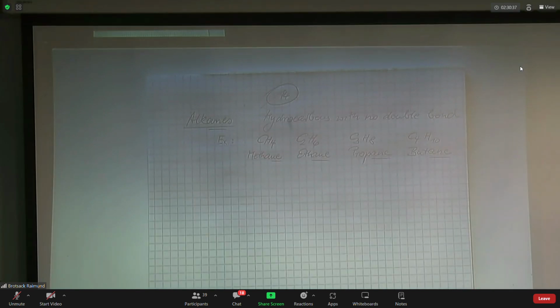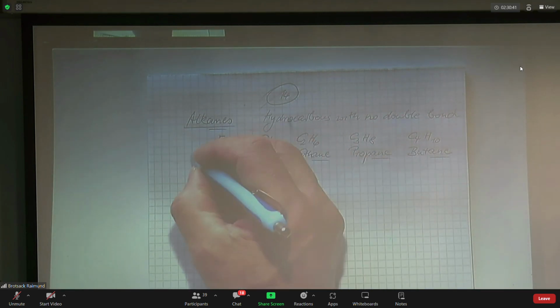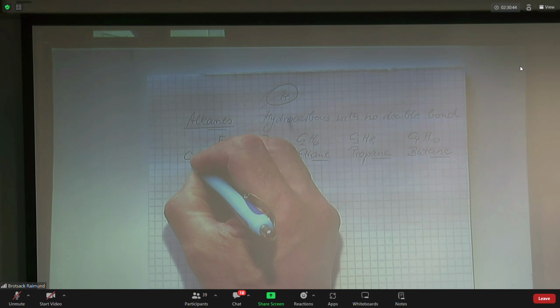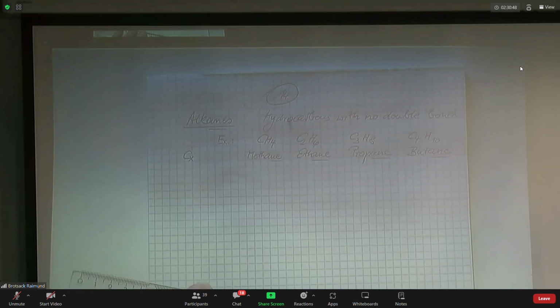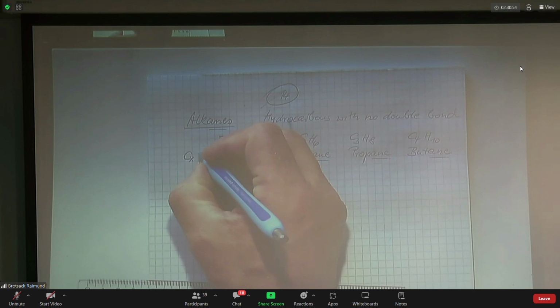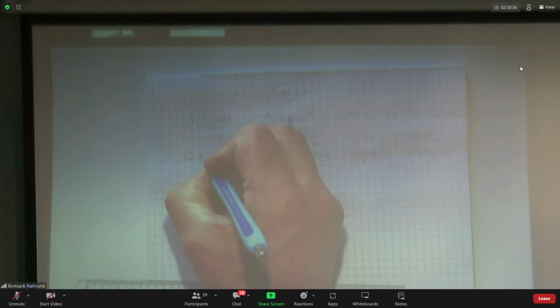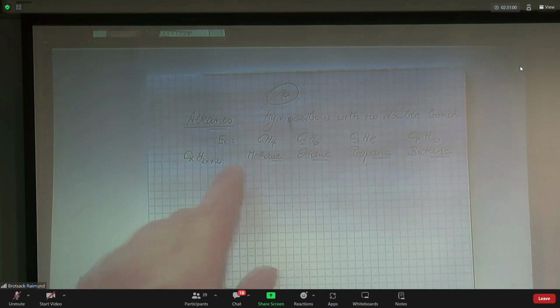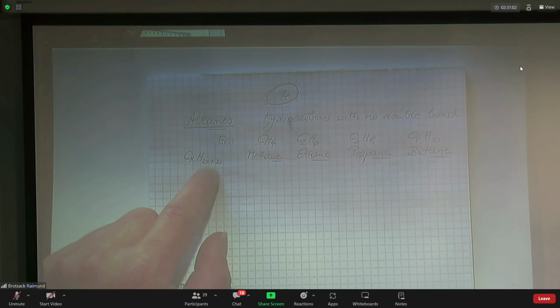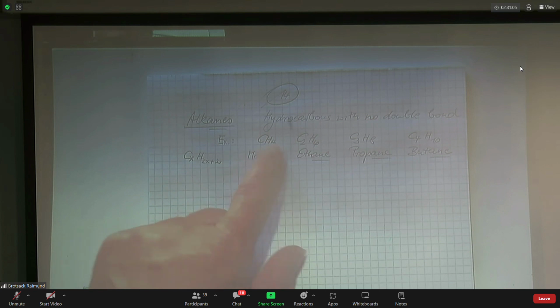The general formula is CxH, where x is the number of carbons. How many H do we have? H2x plus 2. Let's check for methane. C is 1, 2 times 1 plus 2 is 4, right?